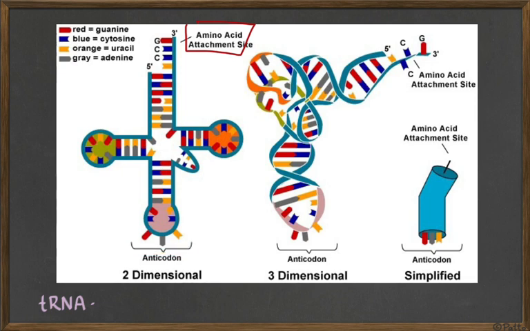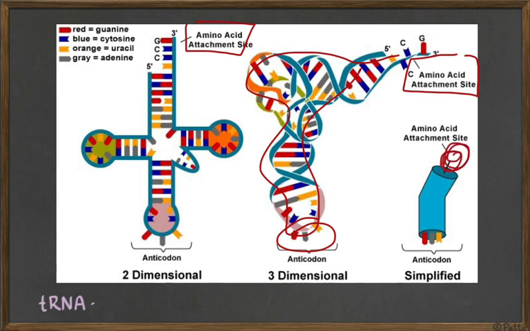Here we have another view where the amino acid is glued over there. This is a more or less 3-dimensional view, and we also have the anticodon. And a simplistic view where you have the amino acid gluing over here, the molecule over there, and 3 letters at the bottom, which is the anticodon. Those are 3 different views of the transfer or transport RNA.